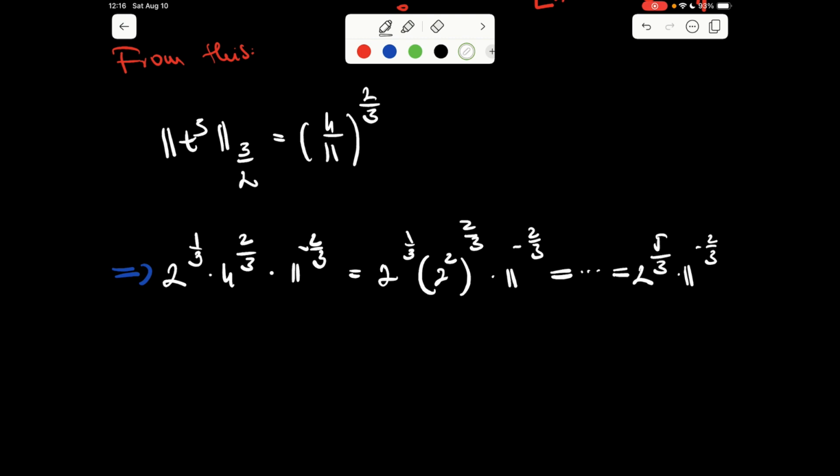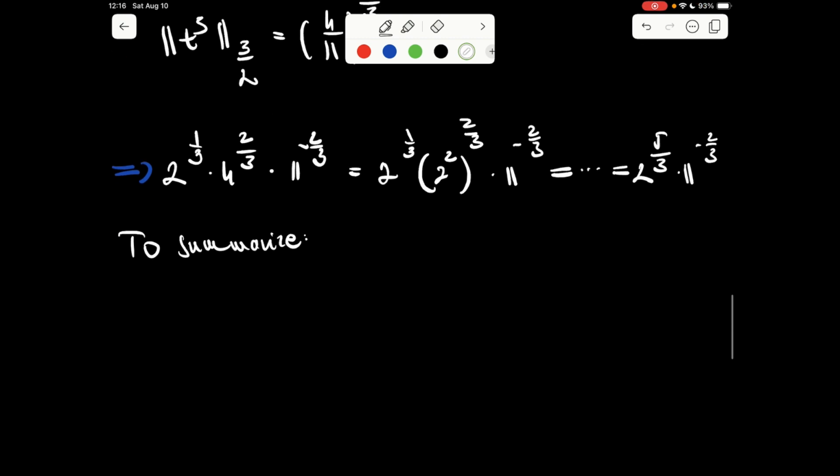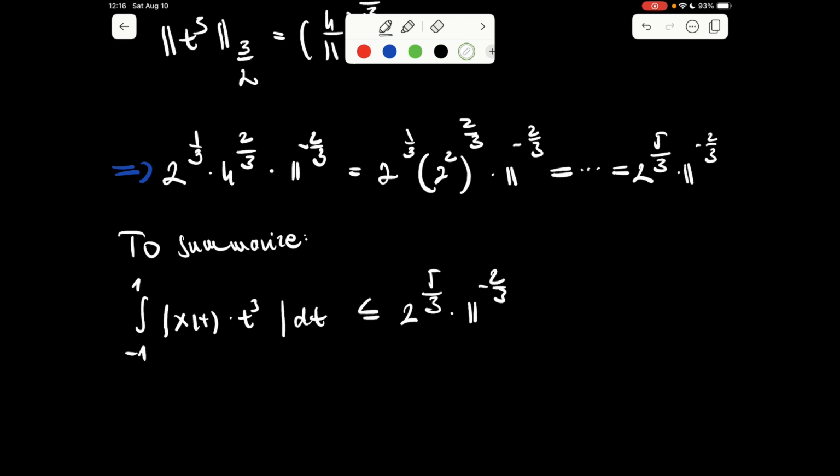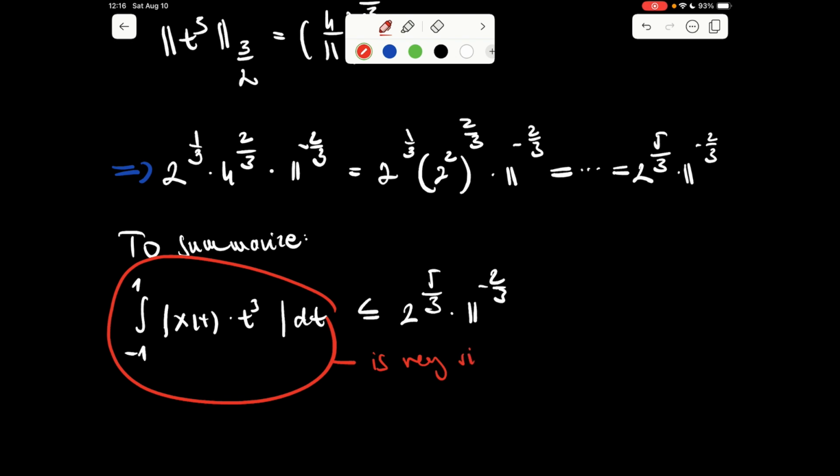So, to sum up, to summarize, this integral, on the basis of the Hölder inequality, cannot be higher than this real number. And please note that this integral is very similar to the objective function. Not the same, but very similar to the objective function.